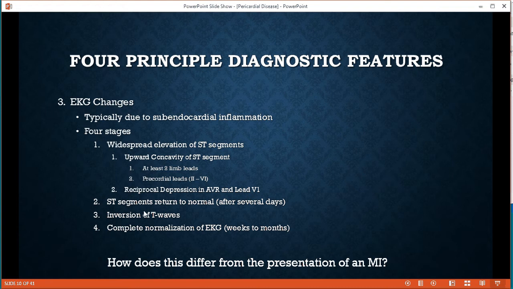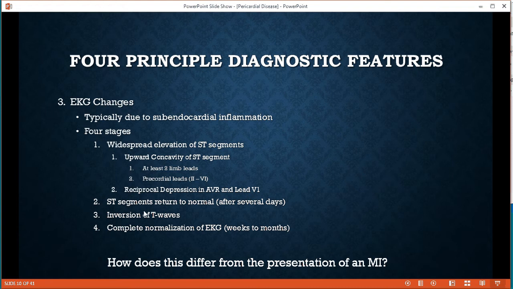Now, with pericarditis, you're going to find that EKG changes tend to be across all of the leads, or the vast majority of the leads. Okay, and that's usually due to the subendocardial inflammation that occurs. So now you're starting to get movement of that inflammation from the pericardium into the pericardial muscle, and so you're not getting changes that are associated with ischemia per se.